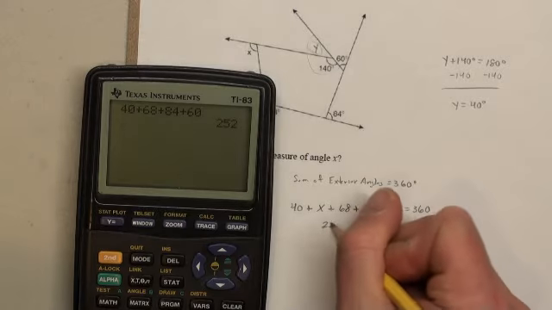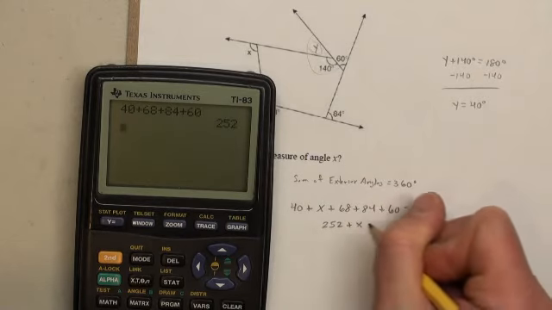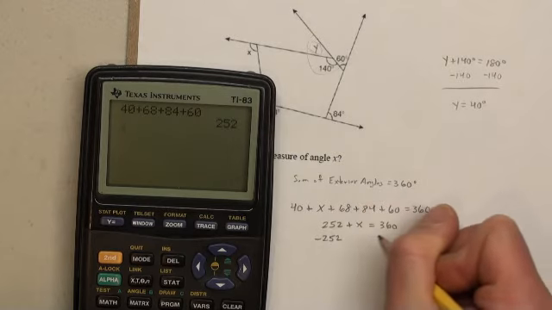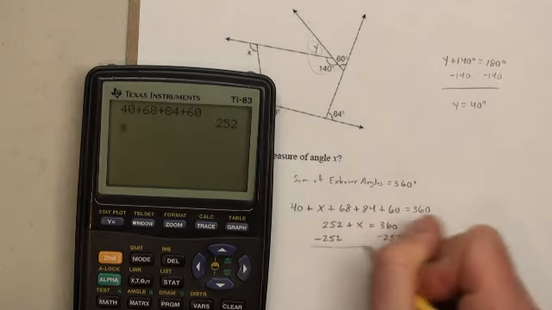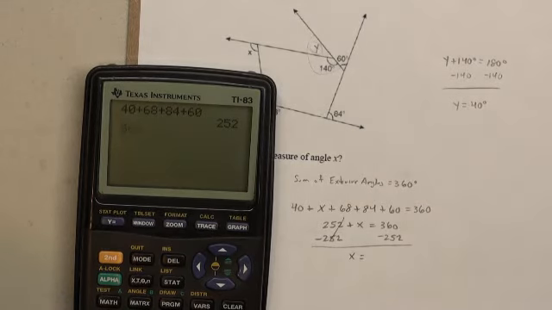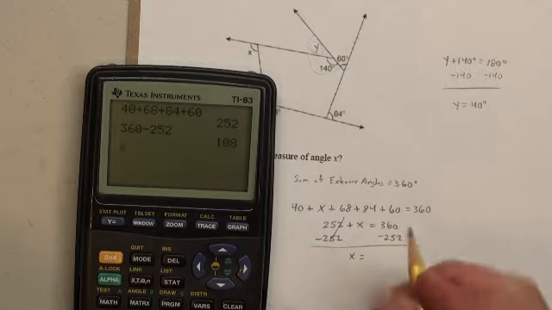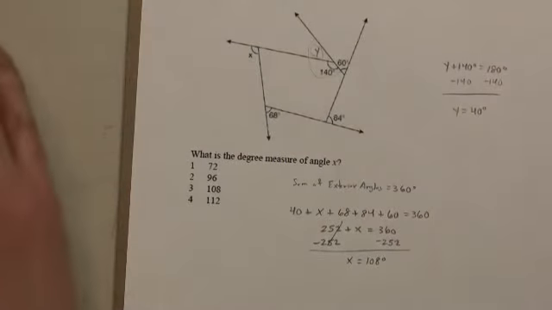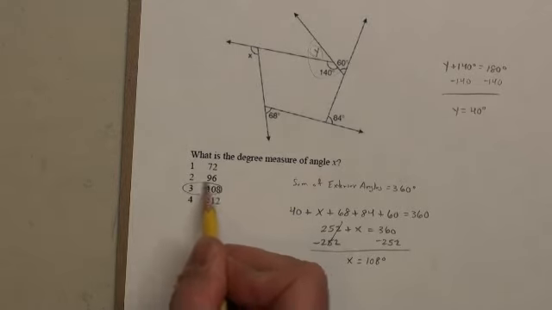So 252 plus x equals 360. Subtract 252. X equals 108 degrees. So that's choice 3.